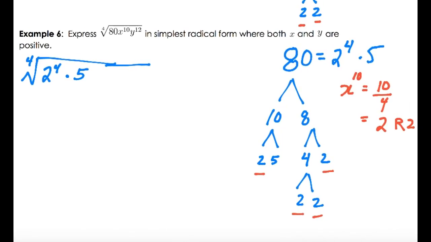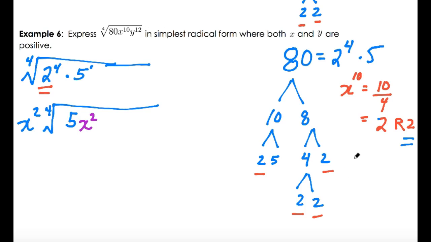On the outside, we're going to have the 2 come out, so there's the 2, and 4 goes into 10 twice, so x squared comes out, and then we're going to have x squared inside. So let's go ahead and draw that 4th root sign. 2 to the 4th is out, 5 has to stay, it's a power of 1, and we have x squared inside there.